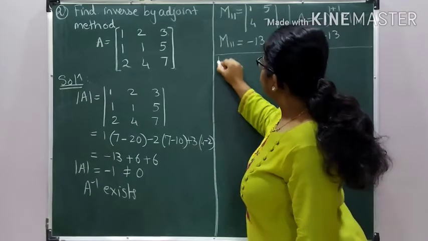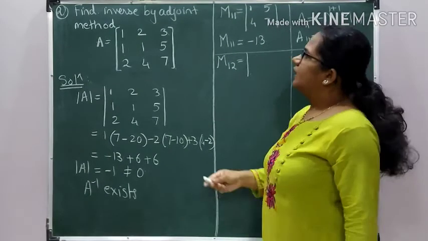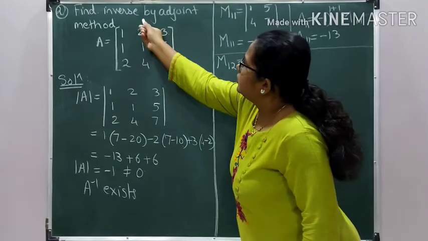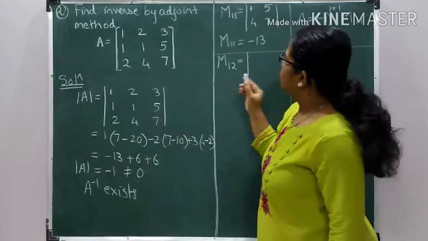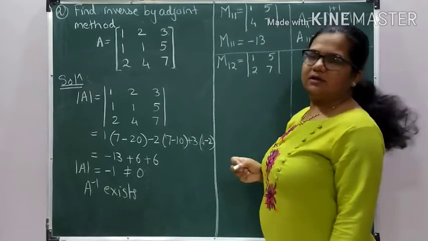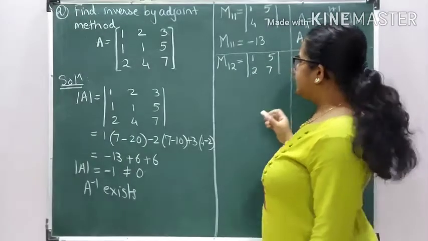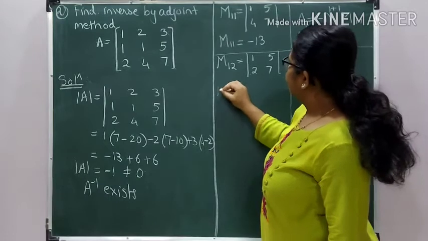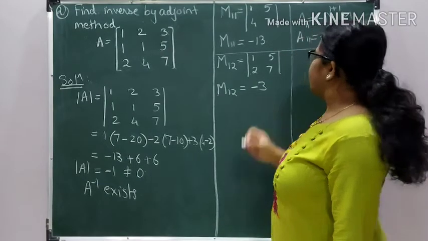Now the second minor, M12. We will eliminate the first row and the second column. What are the remaining elements? 1, 5, 2, 7. 7 1s are 7, 5 2s are 10. 7 minus 10 is minus 3. So M12 is equal to minus 3.